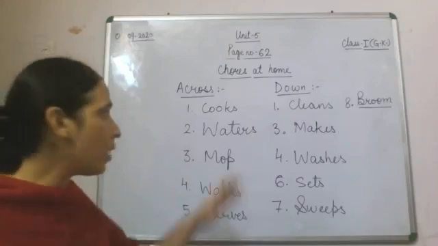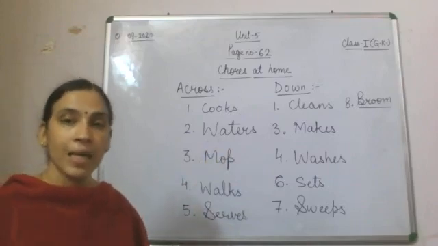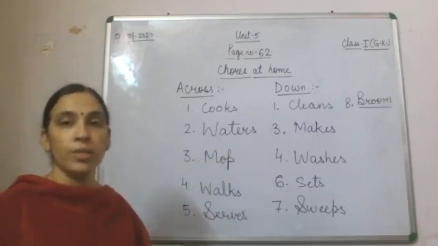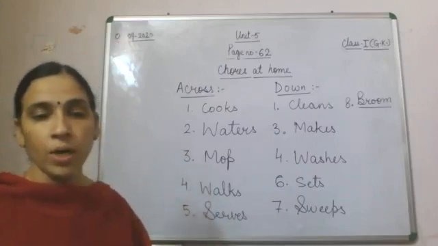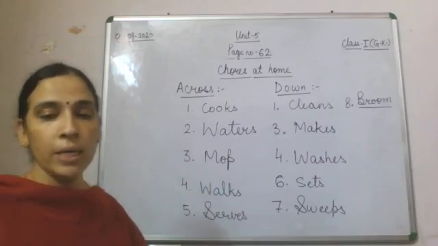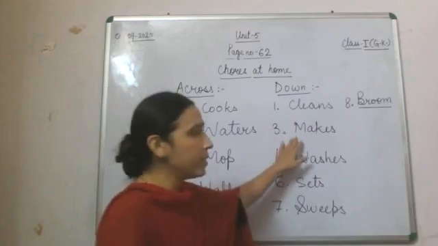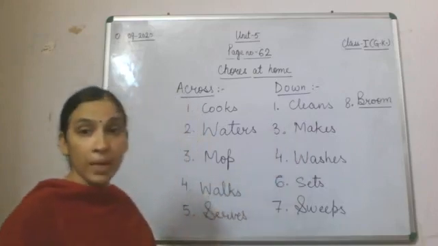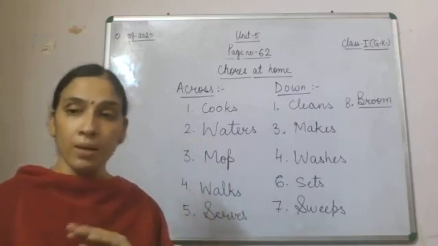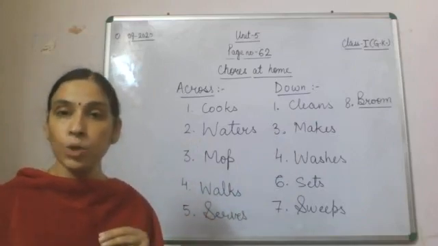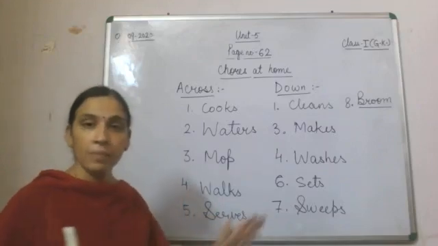Now the next is down one. Number 1, John sometimes dash the windows. What did John do? John cleans the window. Now number 3 is Ron dash his bed in the morning. Makes his bed in the morning. Now what do you mean by makes? Makes means when you are keeping all those things like bed sheet and your pillow, everything in a particular place, then that is making of a bed.